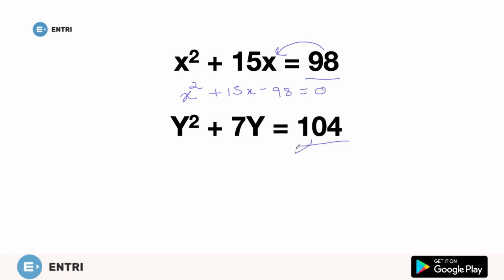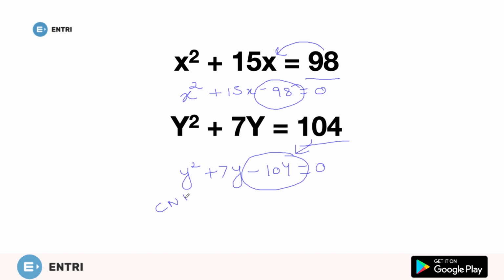Similarly, this part becomes y square plus 7y minus 104 equals 0. Can you see the difference? Yes, you can again see that both the constant terms are negative here. So no need to solve them, and you can directly apply "cannot be determined."